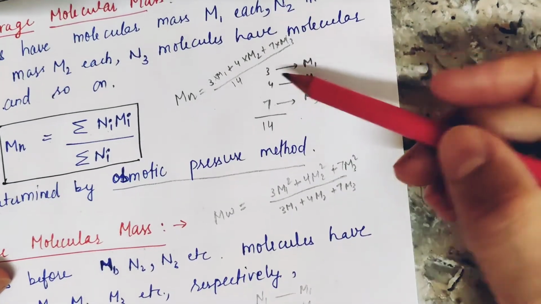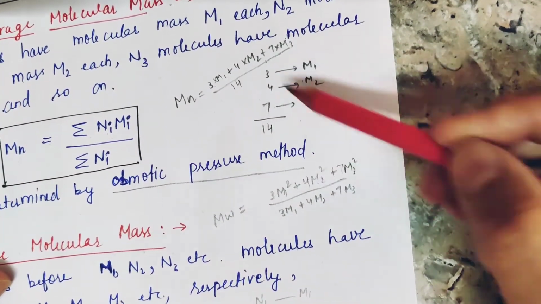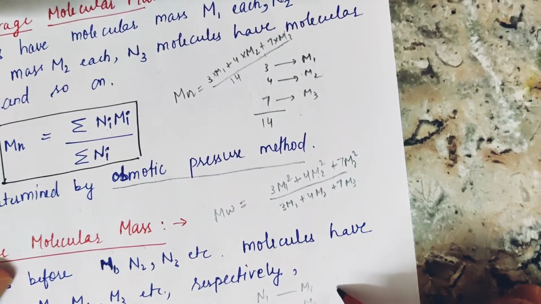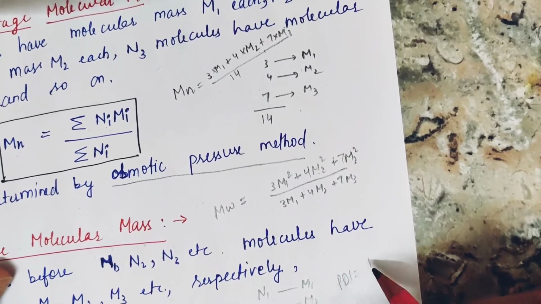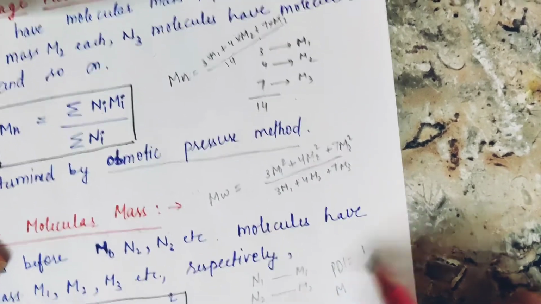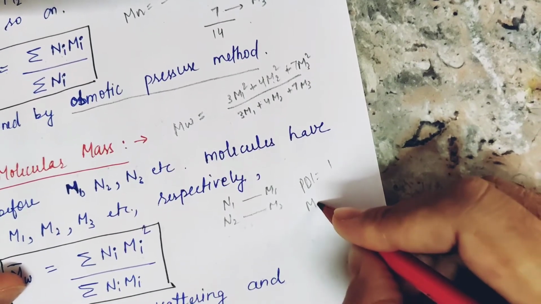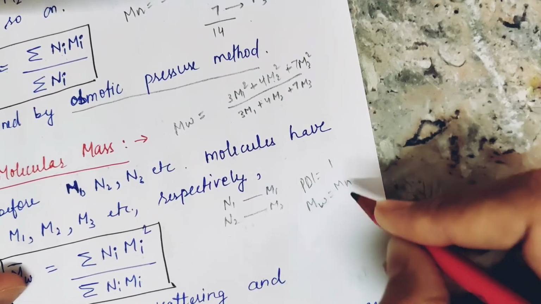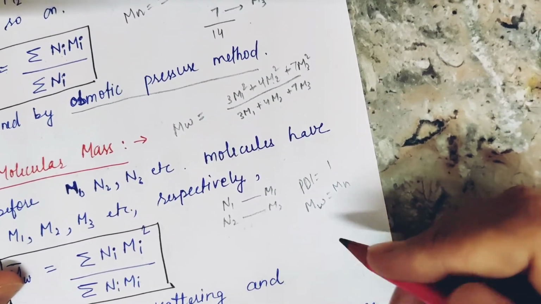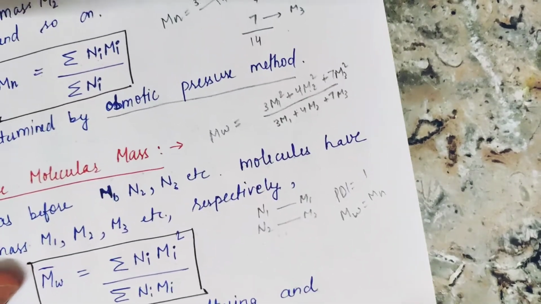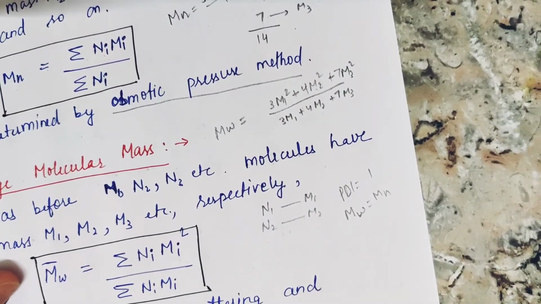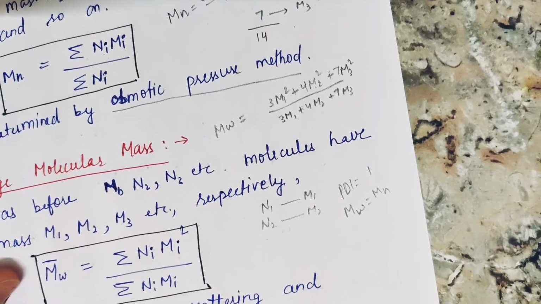Let's suppose when PDI will be 1, then our MW equals MN. So based on the formula, how will we identify that these two are the same?